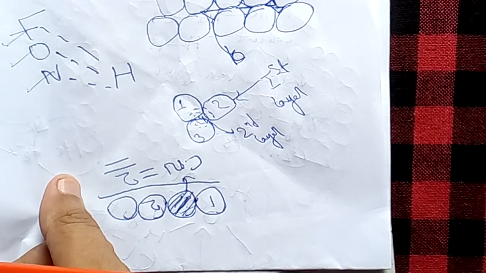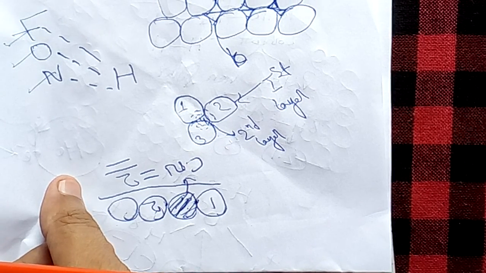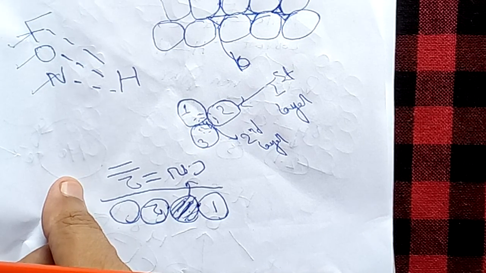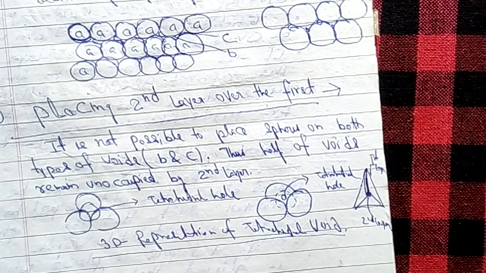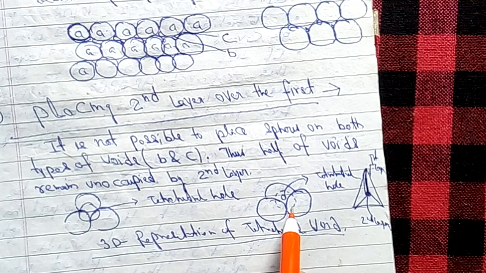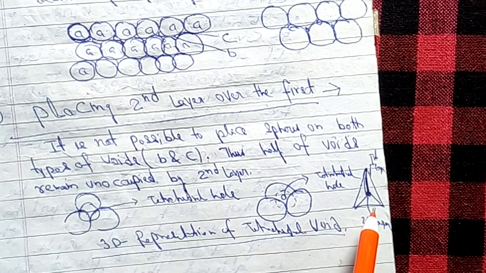See here, the tetrahedral void is created at the center, and as it is the combination of four atoms, it is called tetrahedral. This is the 3D representation of the tetrahedral void.